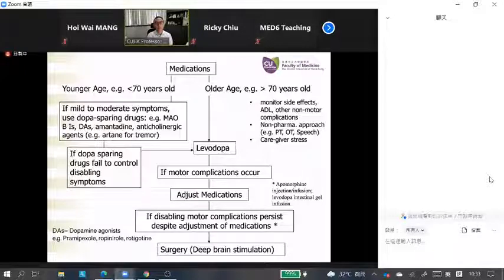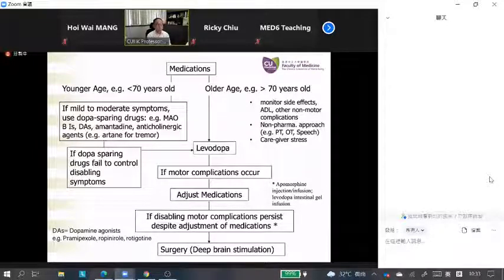So if the patient is young, say younger than 70 years old, and the symptoms are not very severe but still disabling, then we call it the dopa sparing strategy. Do not use levodopa. We can try MAOB inhibitors, as I mentioned before. We can try amantadine. We can try dopamine agonists, DAs.